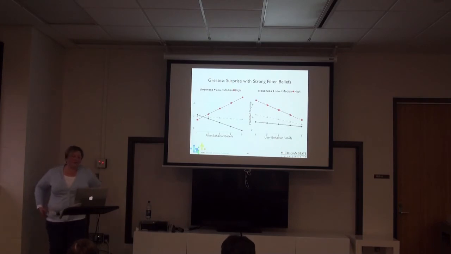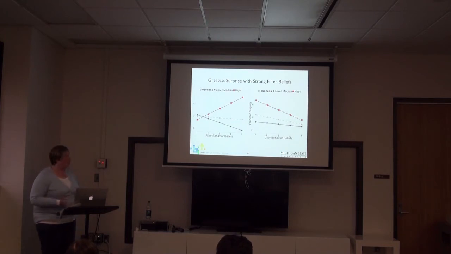So this basically means that when participants did not assign responsibility for the missed posts to the algorithm, they were not surprised to notice a missed post. But then the stronger their beliefs were, the stronger their blame was, effectively, for the algorithm, the more they believed the algorithm was at work in their newsfeed, the more they expected to see posts from their close friends, basically. But not necessarily the posts from people they didn't feel close to.